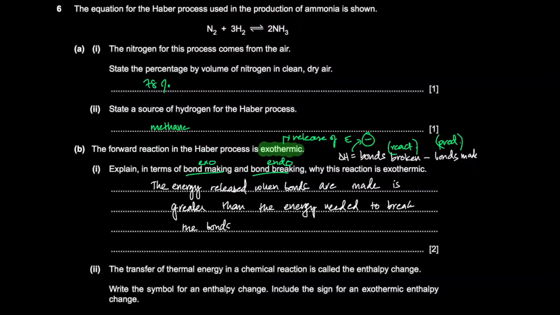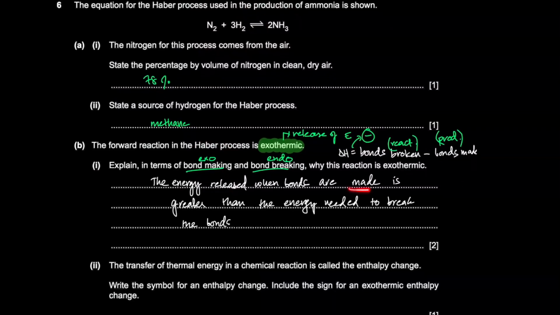Okay, so energy released when bonds are made in the products is greater than the energy needed to break the bonds in the reactants. So the overall change is exothermic.